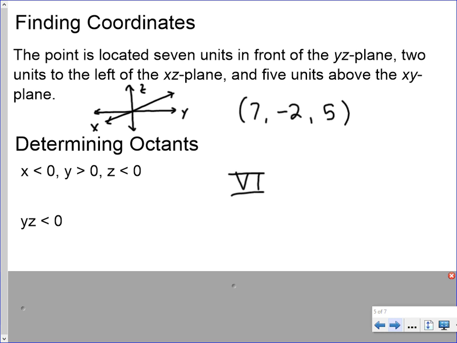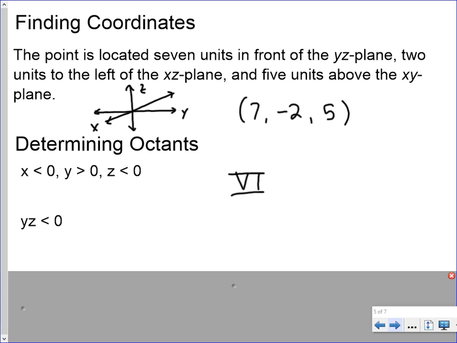What are they saying when they say yz is less than 0? What sort of information are they giving you if yz is less than 0? Is it the product of y and z?